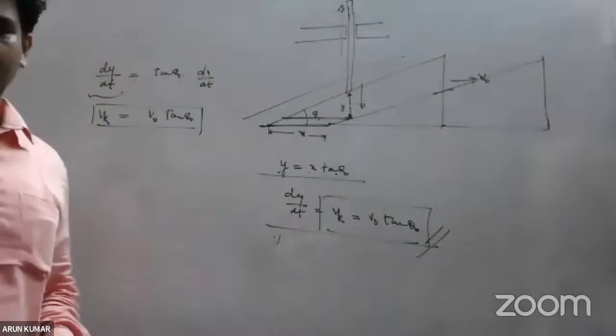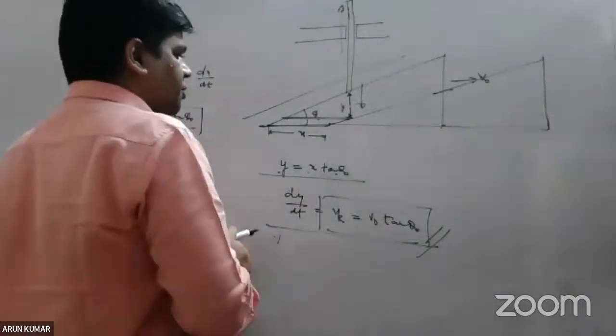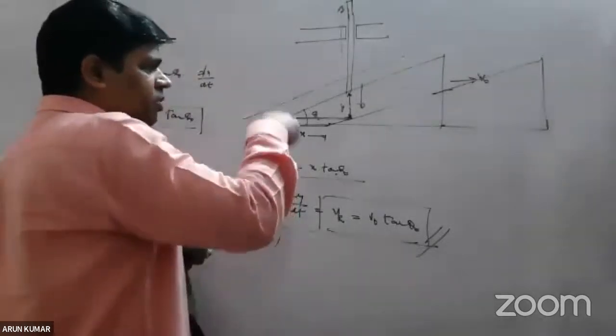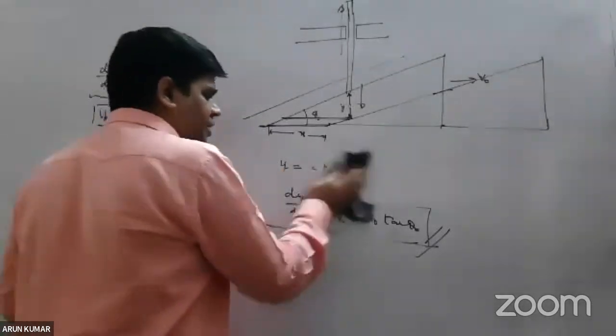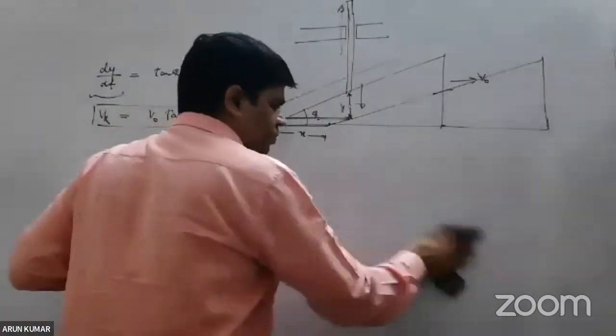But now let us do it the other way. What is the other way? Velocity along the common normal should be the same. Let's get the same relation using that concept.